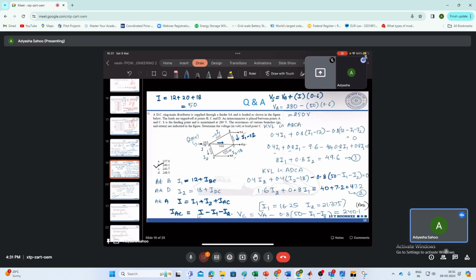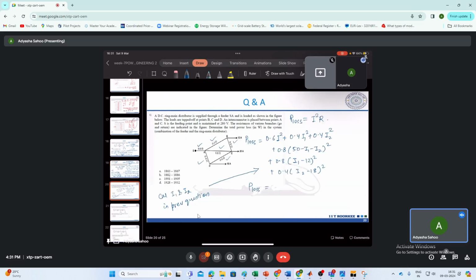Here I get 1929.90 watt, which is option D.